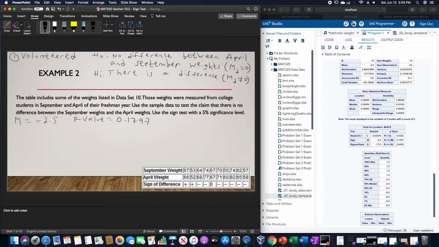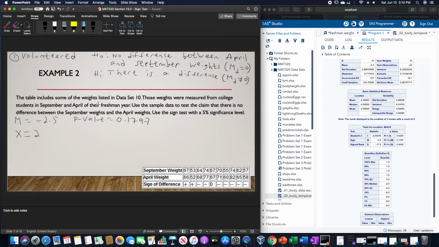Now, if we did this by hand, our test statistic is actually positive 2. But we obtain the same type of answer whether we did this by hand or in SAS, as we just did.